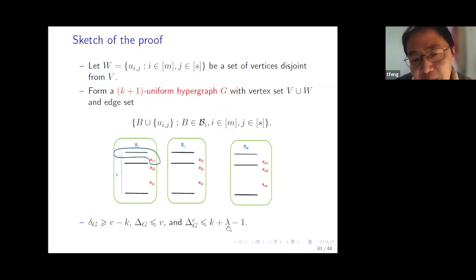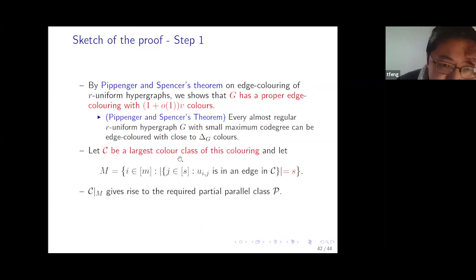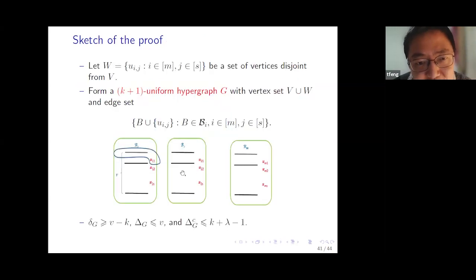K and lambda are fixed small numbers, so compared to V, it is very small. So it satisfies the condition of this theorem. According to this theorem, our graph can be edge colored with close to delta G colors. And so we can take a largest color class of our coloring. When we take the largest class, for example, we go back to the picture.